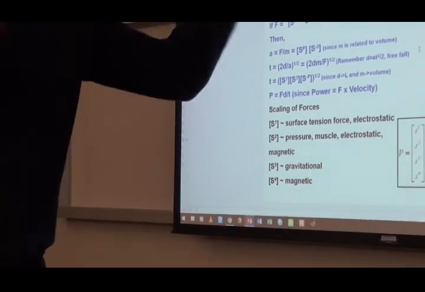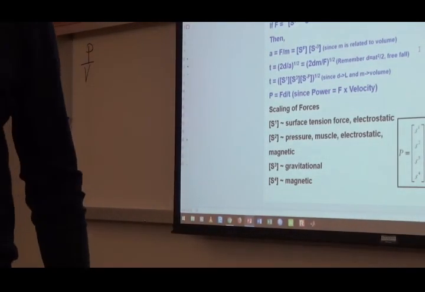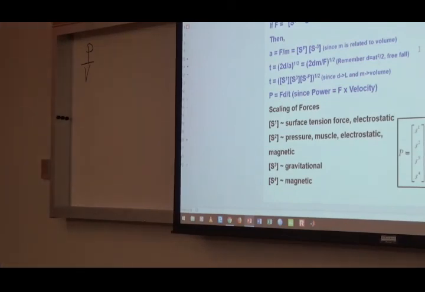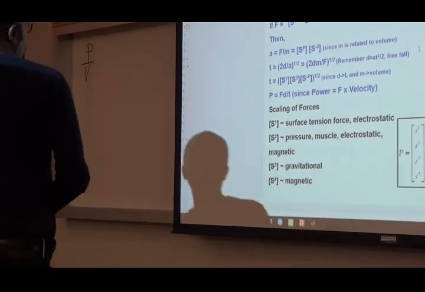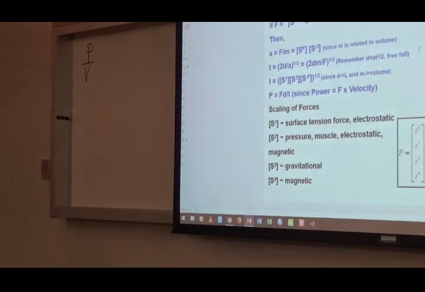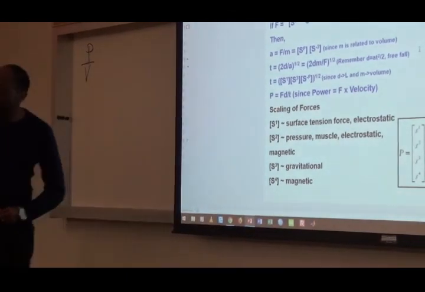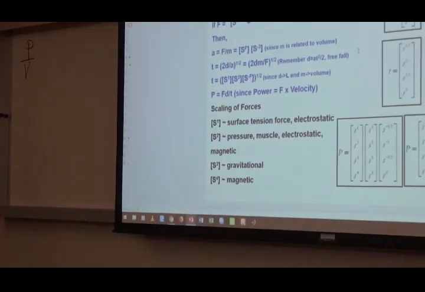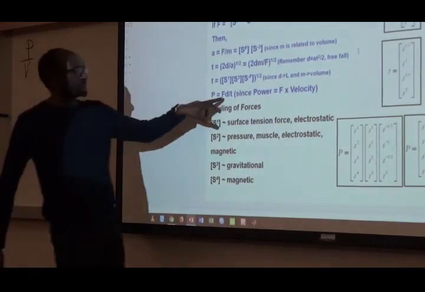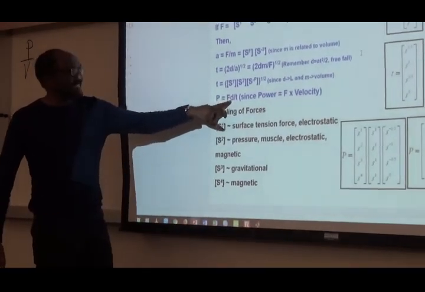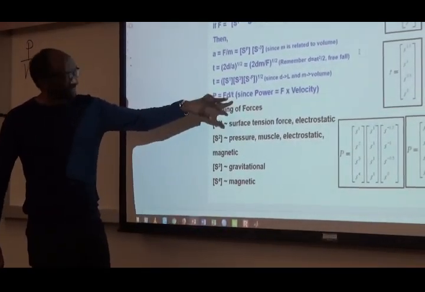You can't compare both of them unless you scale it down by the volume. So I'm going to do P over V. Now first I have to find what P is. P, as you know, is work done per time, right? Power. So work is force times distance, F times D, divided by T.